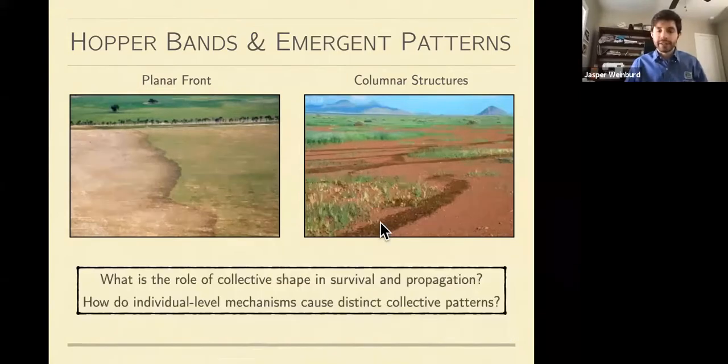So these are the big questions for me in this research program. These collective structures, what role do they play as effective methods for the locusts to survive and propagate or migrate? Also, how do the individual level mechanisms cause distinct patterns to form?